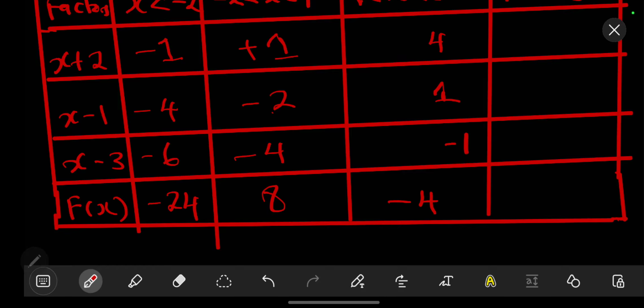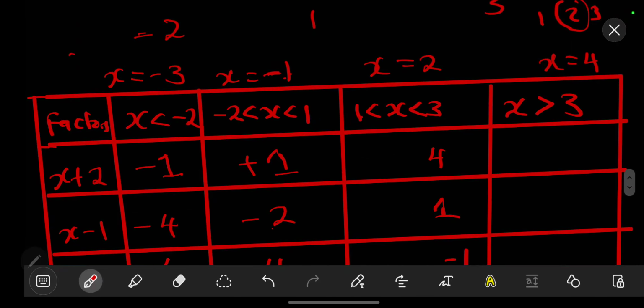So last but not the least, the last column, we are going to have our 4. When we put it here, it will be a 4 plus a 2. This will give us a value that is equivalent to 6. So we are going to write a 6 there. Then when we get our 4, we put it here, it will be a 4 minus 1, which will give us a 3 there.